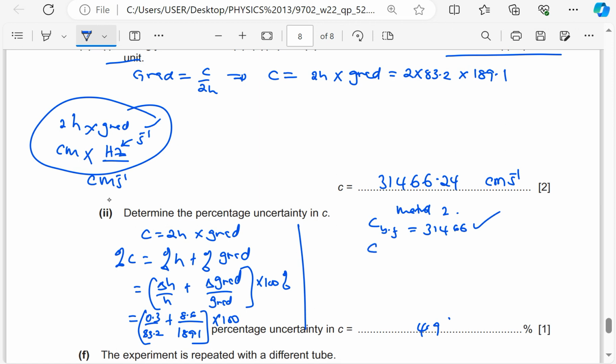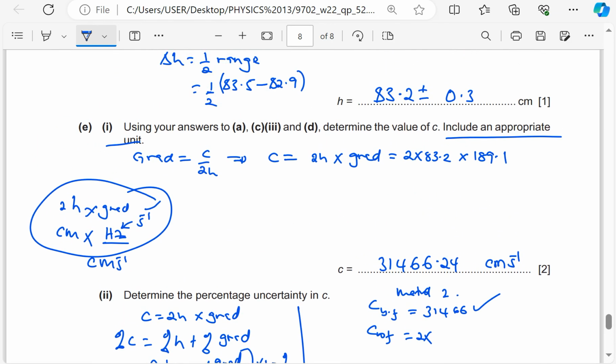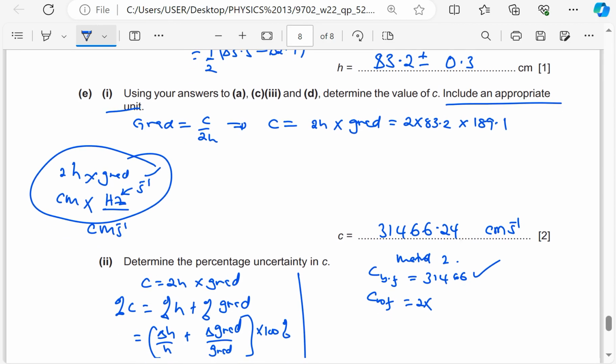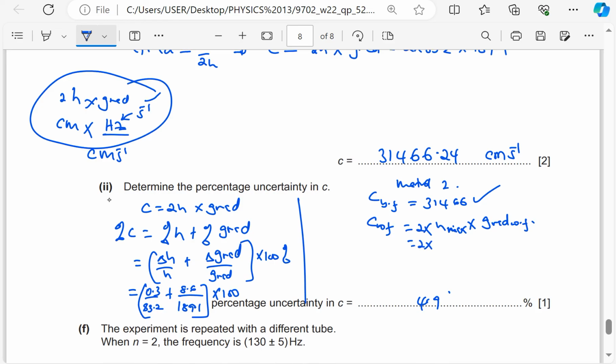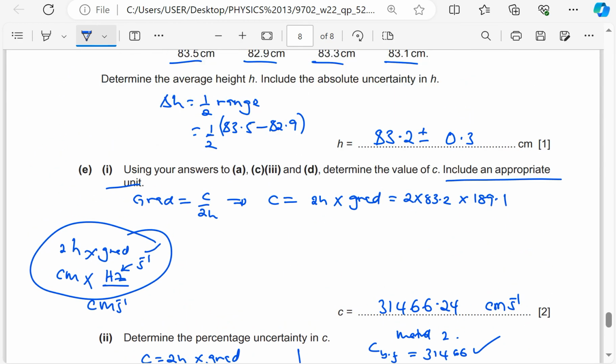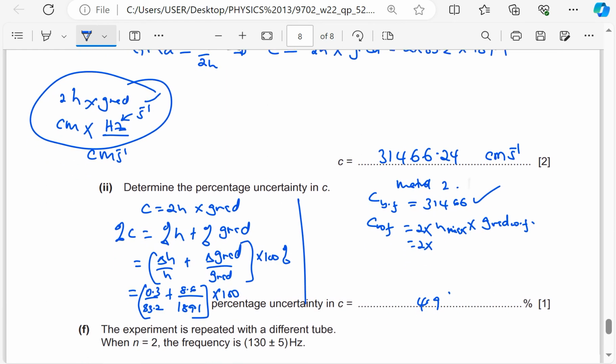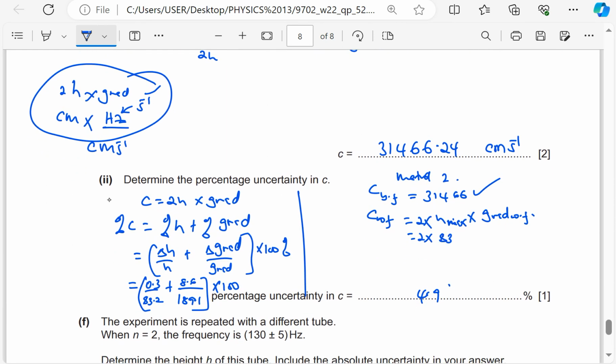Then C using the worst values, I'll find this to be 2 times H. My worst fit line was the steepest, so I'll take the highest value of H, H maximum, times the gradient of the worst fit. So this will be 2 times H maximum, which is 83.2 plus 0.3, which is 83.5. That is the highest value of H.